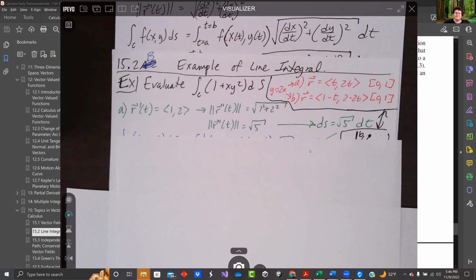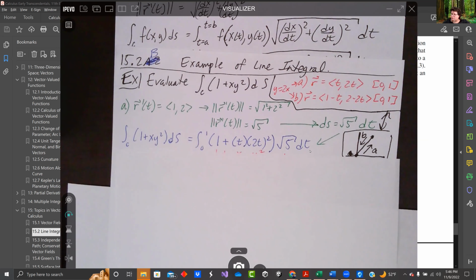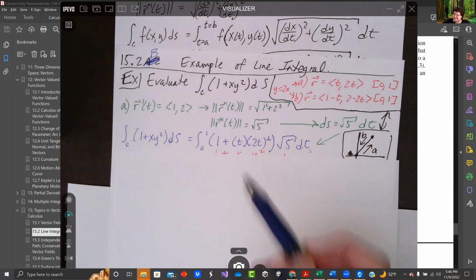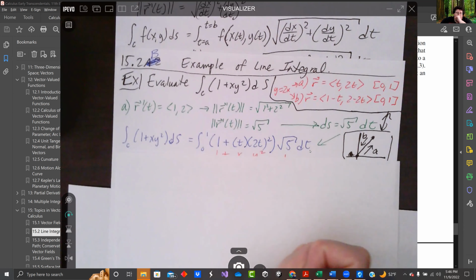And now we're free to parameterize it from 0 to 1. So doing the function 1 plus xy squared over the curve in ds, we're going to change everything to t's now. So 0 to 1 is our new limits of integration.